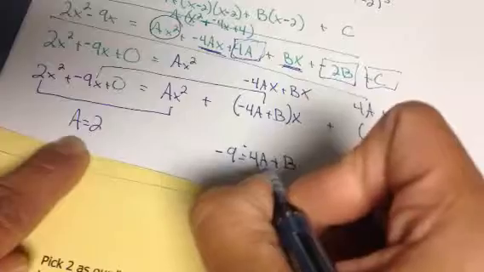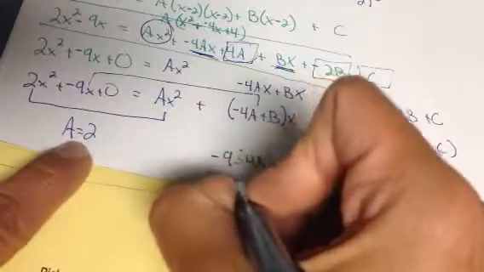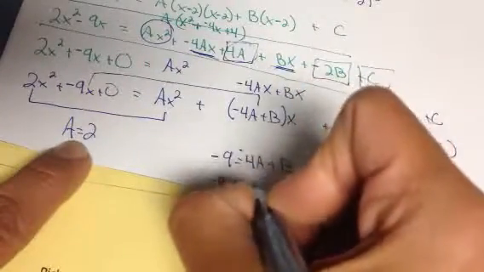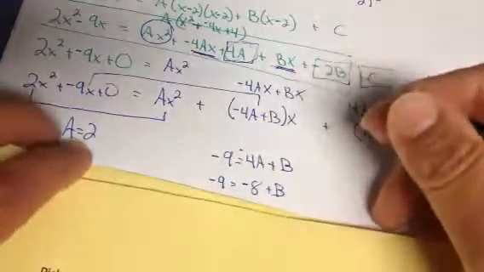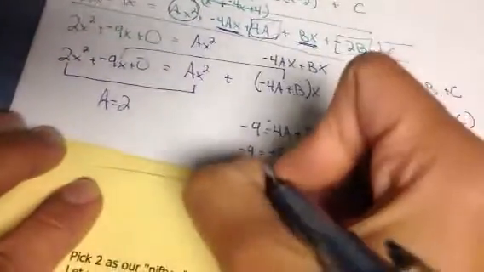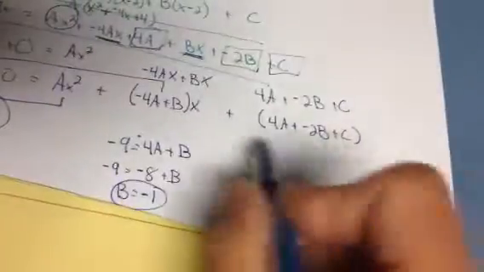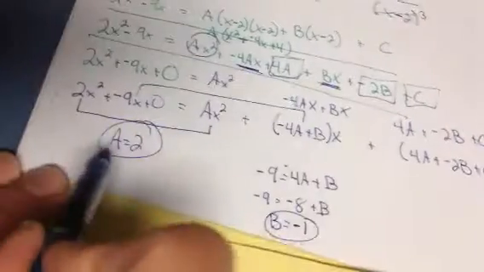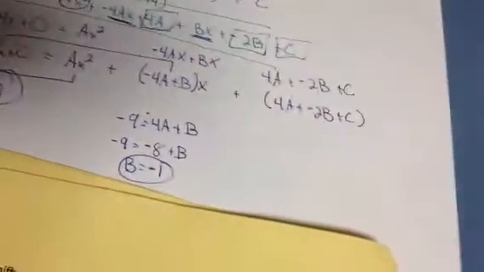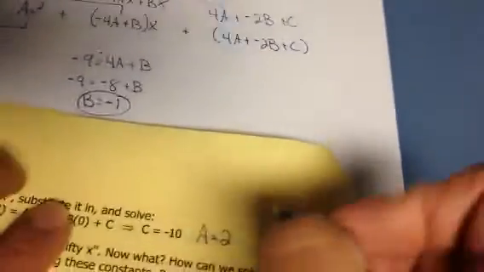And since she just figured out that a is 2, she puts that in there. And when she puts 2 in here, she gets negative 8. And when she solves for b, she realizes b is negative 1. And we don't need the other one because we already figured out what c is. So now she knows what a is, what b is, what c is. So over here I'm going to add that b.